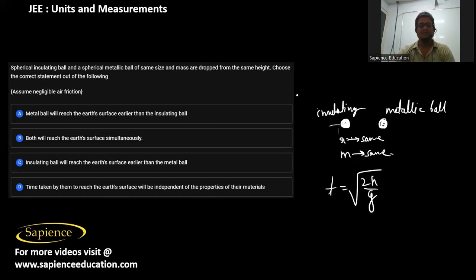Since the time of flight is proportional to the square root of h only, means the height from where the ball is dropped, and they are dropped from the same height, their time of flight will be also same.